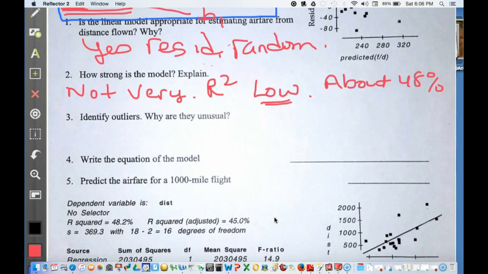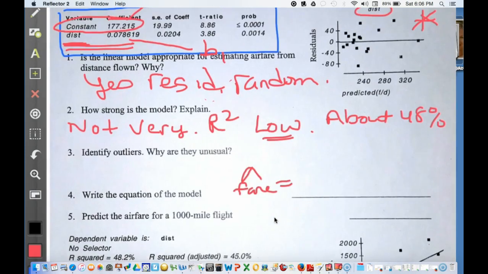So with that said, I'm going to go predicted fare equals the y-intercept, which we saw up here was 177.215. So I'll just call that 177.2 plus the slope, which we're going to call 0.079 times the x, which is distance. And that's our equation.